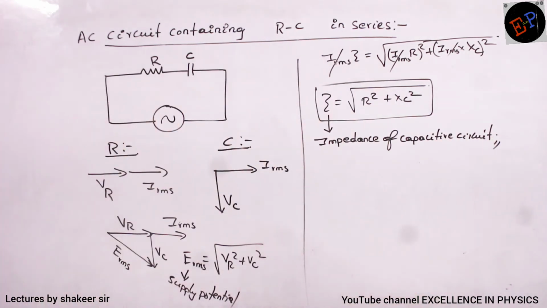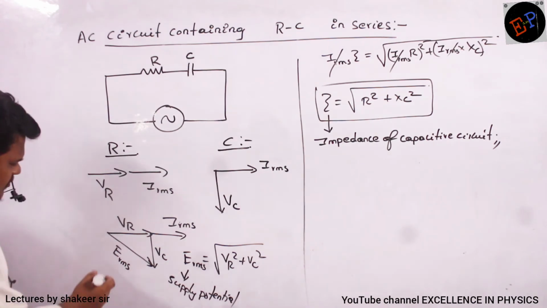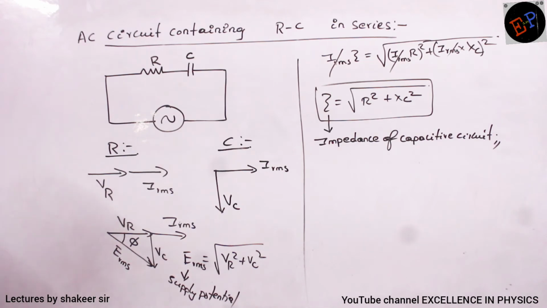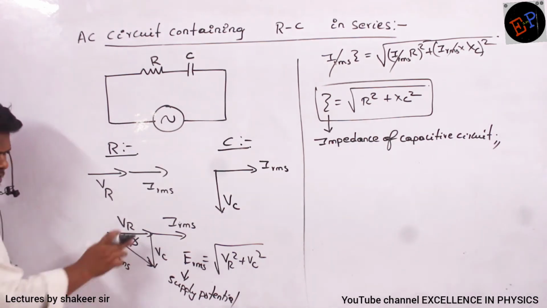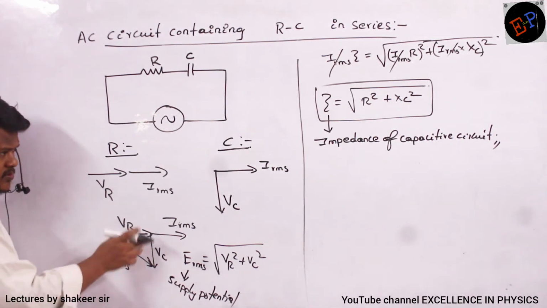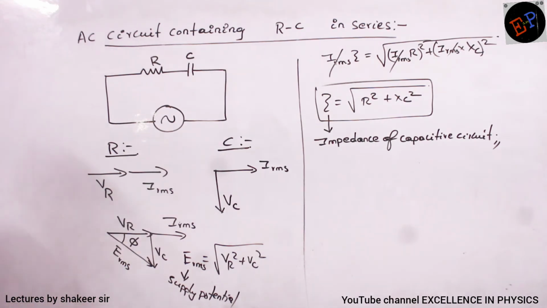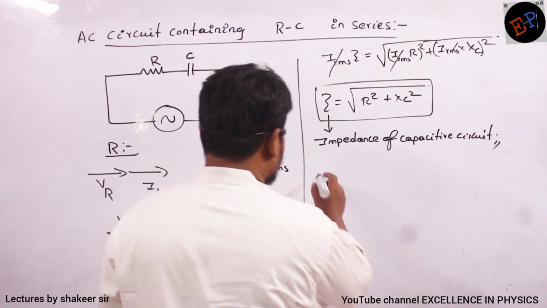Okay. Now see the pi value here. Who is leading, who is lagging? Current is leading or voltage is leading? Current is leading voltage, right? So therefore in capacitive circuit, current leads voltage by pi value. Clear? So what is the note point here we have to write?